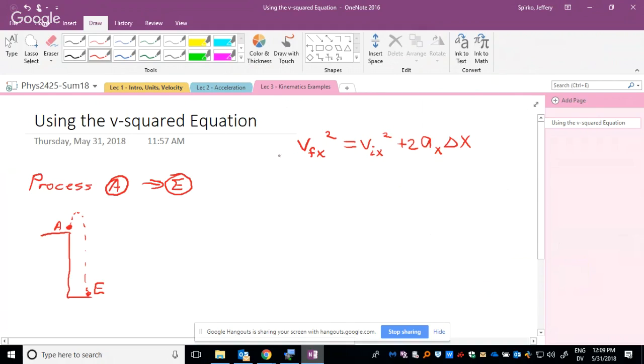And what we know is the delta Y. That's the key fact that tells us which dash along this parabolic curve point E is actually located at.